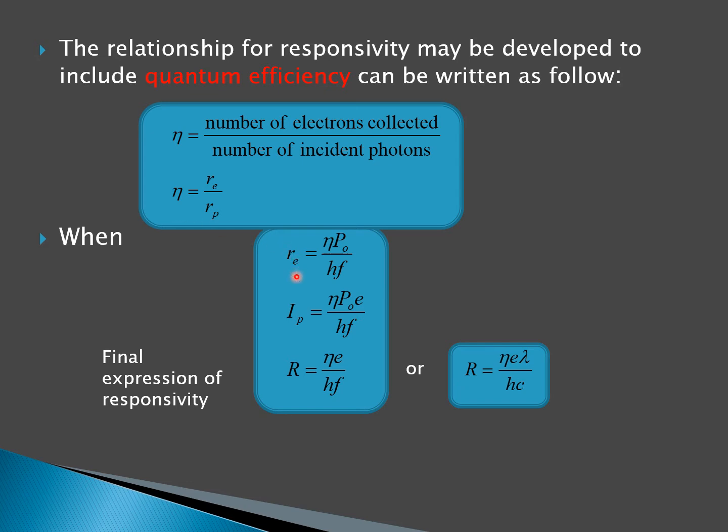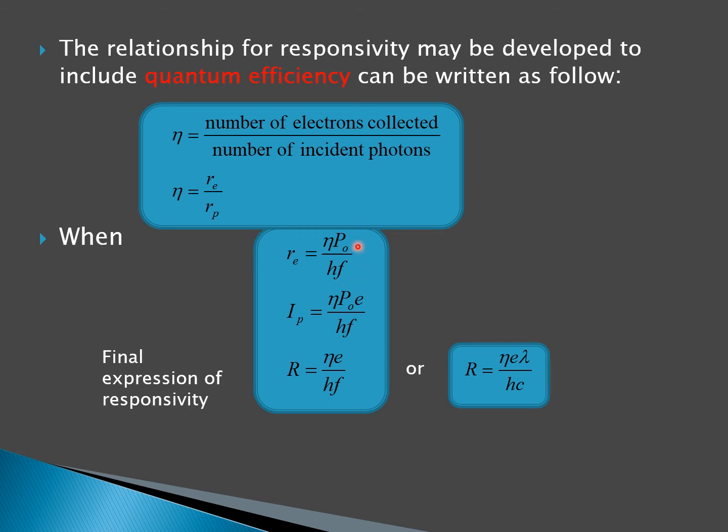If we want to know the value of the number of electrons collected, Re, the formula is Re equal to efficiency times P naught divided by hf.